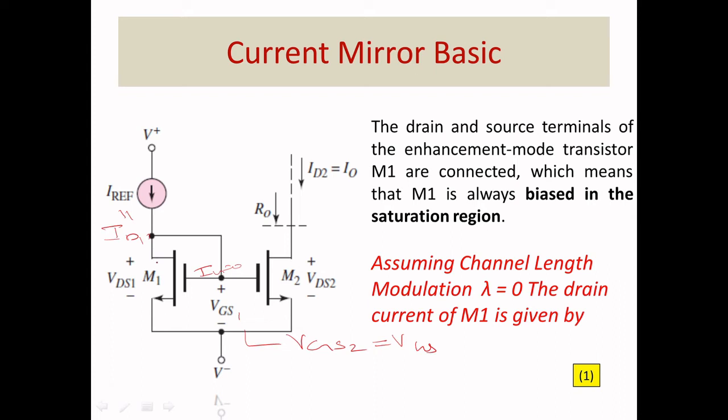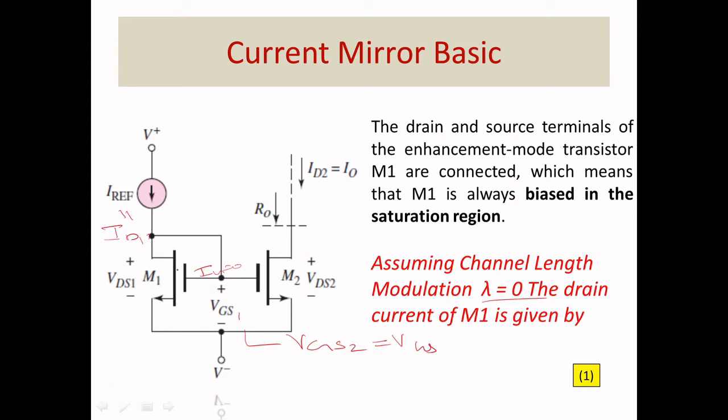So you will be getting the same current, that is a copy current here. So I naught is equal to IREF, that is our concept. For that we need to consider first without channel length modulation and then with channel length modulation. First we will start without channel length modulation, that is, the channel length modulation parameter is 0.